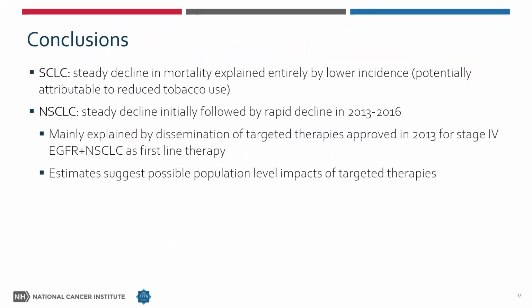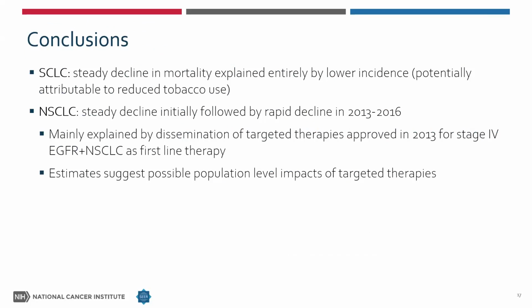So the conclusion of the study was that for small cell lung cancer, we saw a steady decline in mortality, which was explained almost entirely by incidence declining. And there was very little improvement in survival outcomes among this patient population. And for non-small cell, we saw a steady decline initially, followed by a doubling or a rapid decline from 2013 through 2016.